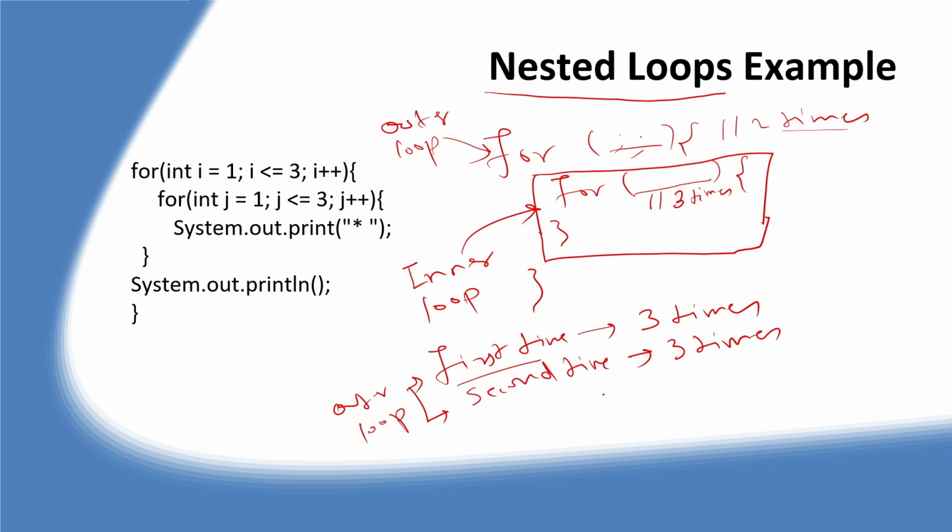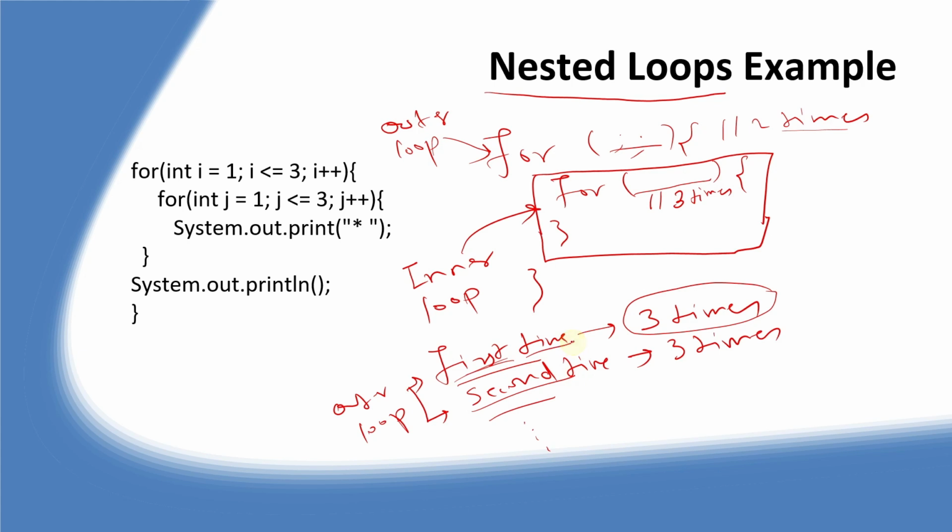So, the outer loop will run first, and for every iteration, that is first, second, and so on, the inner loop executes completely. So, let's say the outer loop iterates two times.